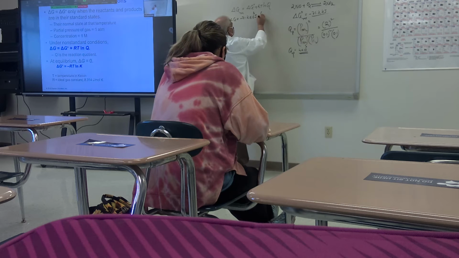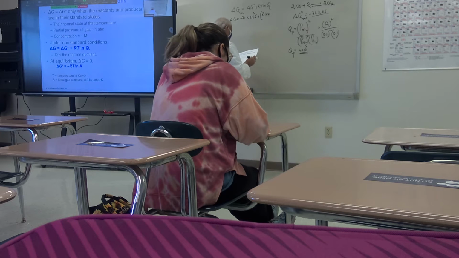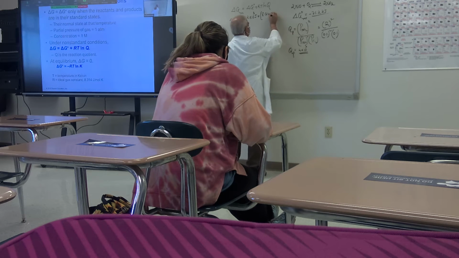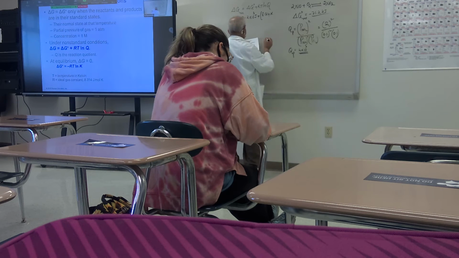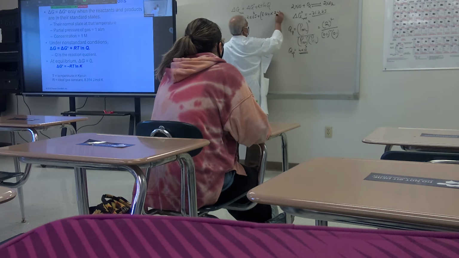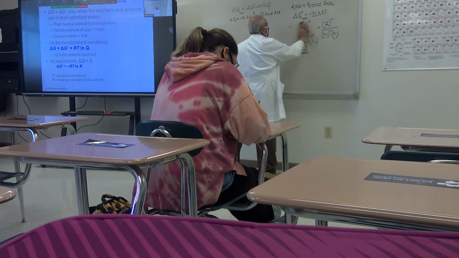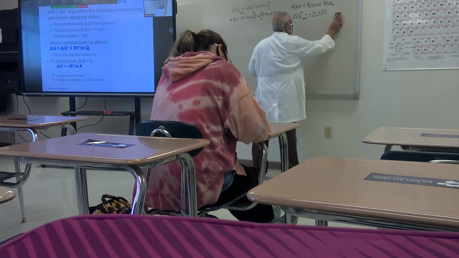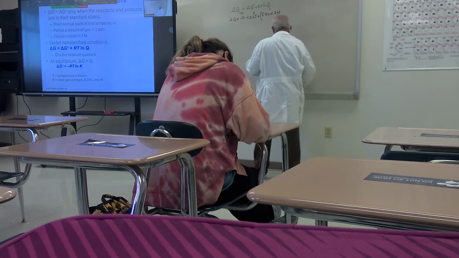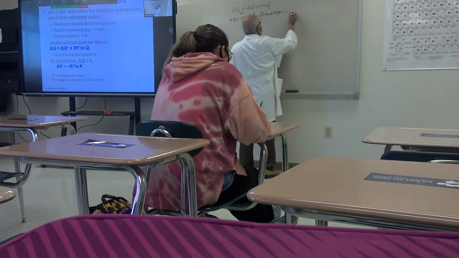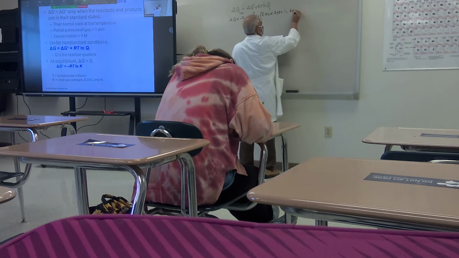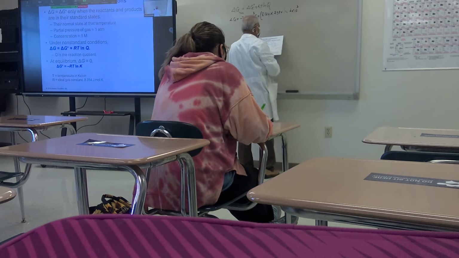Plus the gas constant is 8.314. I am not writing the units. Temperature they have given as 298 degrees Kelvin. And ln Q is the natural log of Qp, which is 4 times 10 to the power of 3.